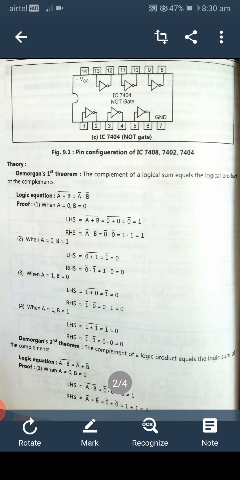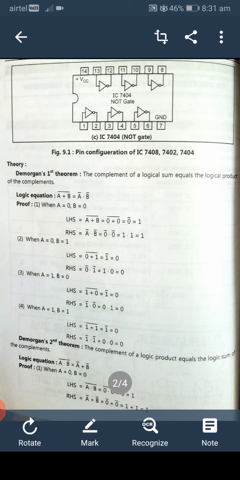Right hand side, complement 1 plus complement 0 is equal to complement 1 is equal to 0, and plus complement 0 is equal to 1, means 0 plus 1, and that is equal to 1. So, left hand side is equal to right hand side.